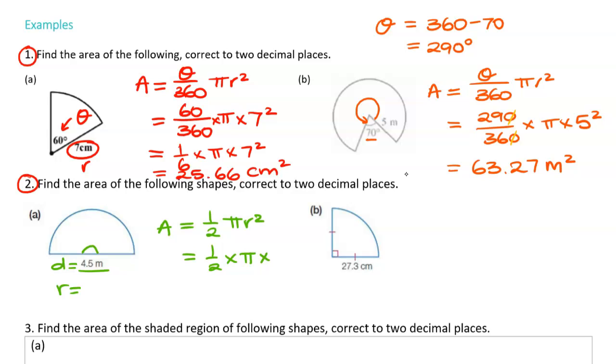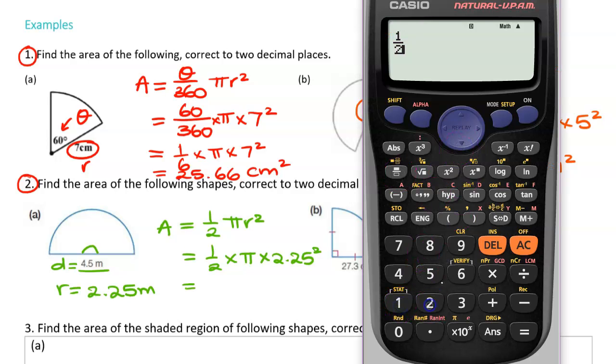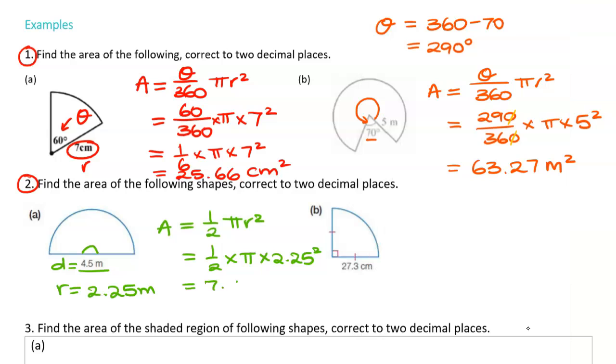If you did it mentally, half of 4 is 2, half of 0.5 is 0.25, and that's all in metres. Nearly got tricked there, so 2.25 squared. Putting that into our calculator, half times pi times 2.25, all squared. And we want it to 2 decimal places again, so 7.95 metres squared.